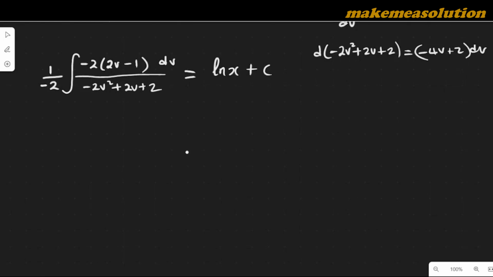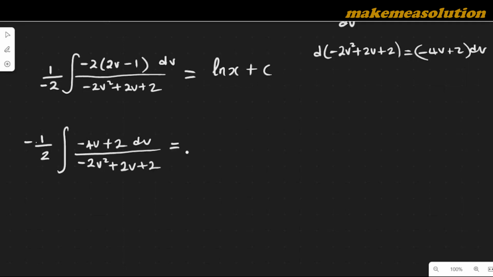So we are going to have minus 1 over 2 times the integral of, of course, (minus 4v plus 2) dv all over negative 2v squared plus 2v plus 2, equal to ln x plus c. Basically what we've done is convert the numerator from its original form to something like this.